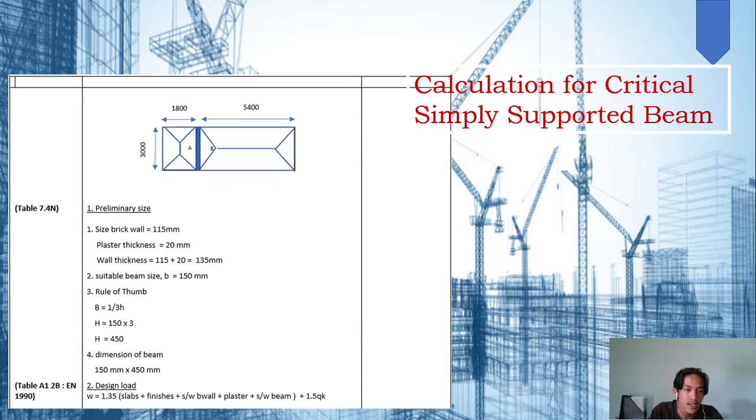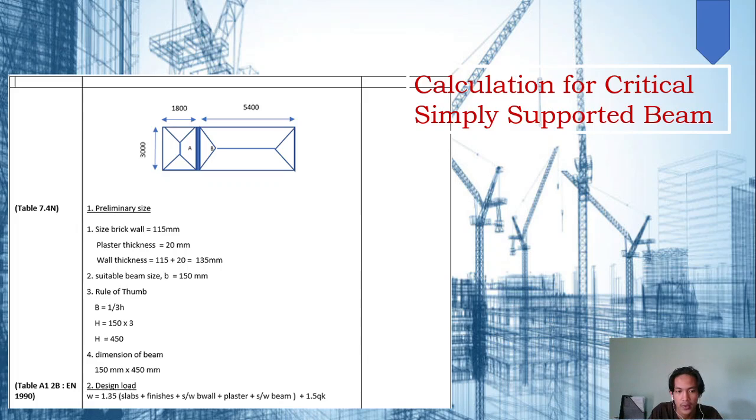Then for the height H, we will use a rule of thumb, which is 1/3 of the span, and we get 450 millimeter for H. The dimension of the beam is 150 millimeter times 450 millimeter.